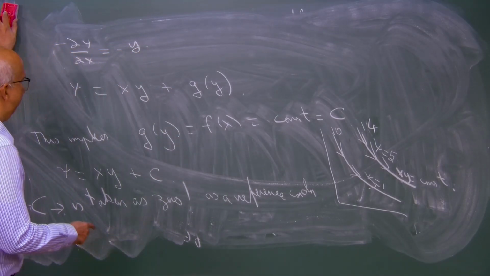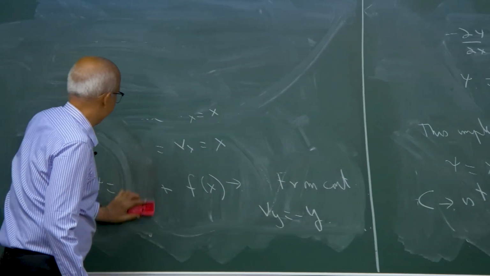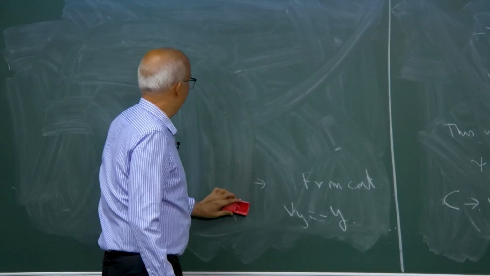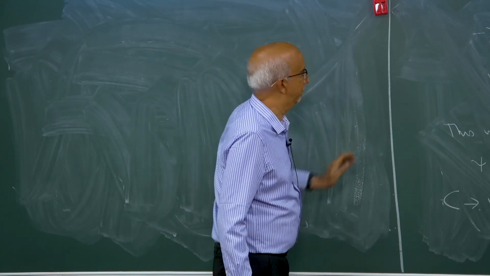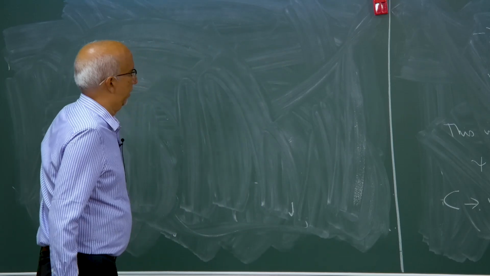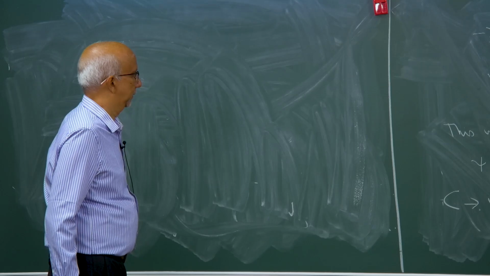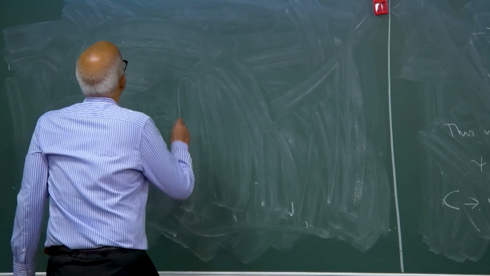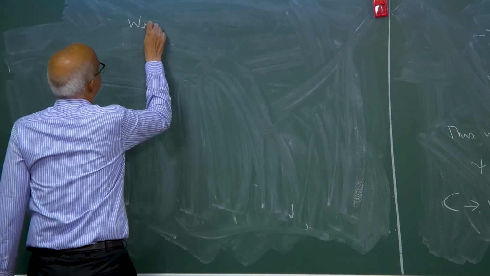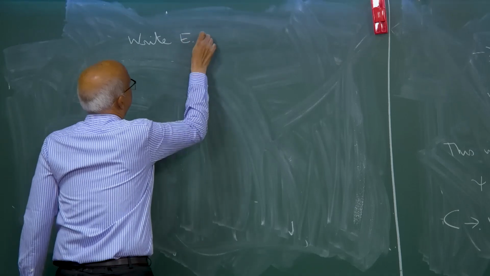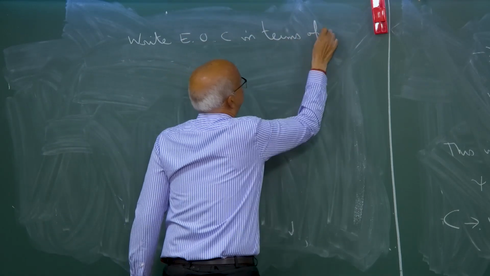So that is the flow field for this particular thing, Vx is equal to x and Vy equal to minus y. What I want to do is write the equation of continuity in terms of psi.